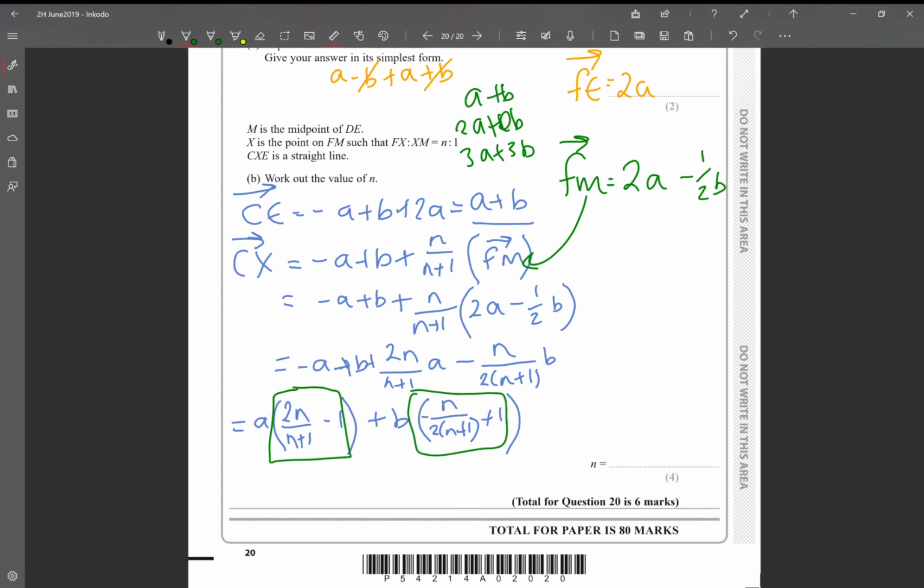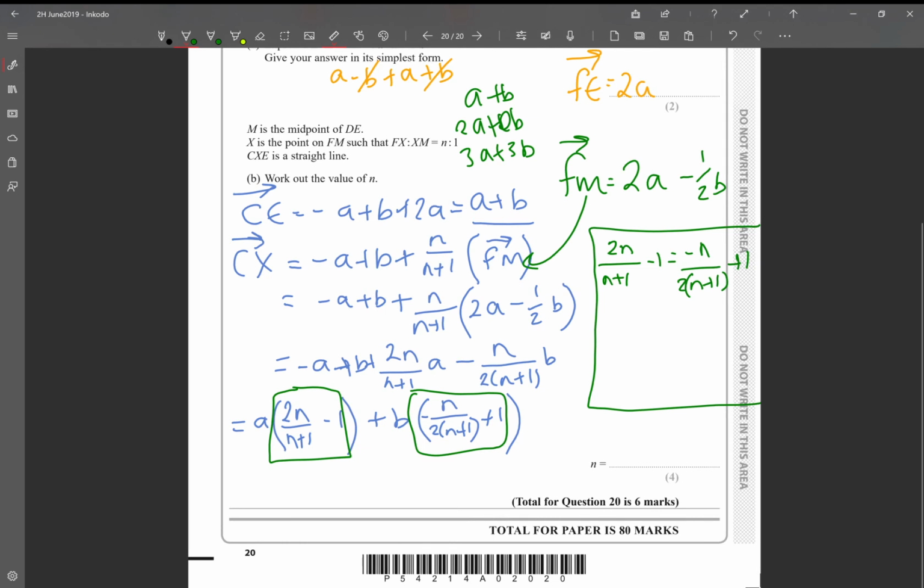And when we say about things equaling the same, we can turn them into an equation and literally make them equal the same. So if I've got one side, 2n over n plus 1 minus 1, and I need that to equal negative n over 2n plus 1 plus 1.